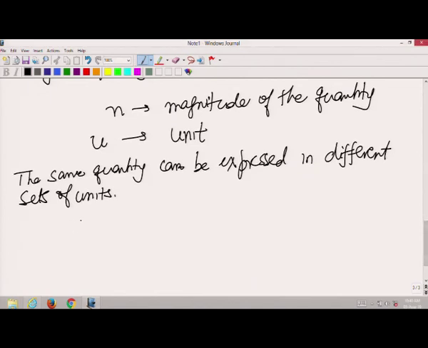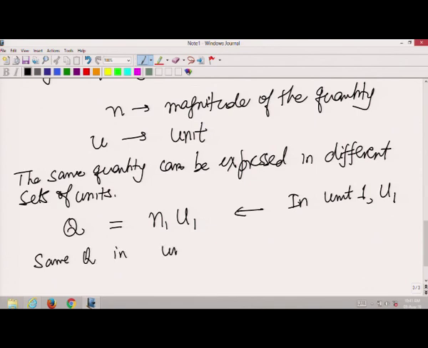Let us say the quantity q, we write it in unit 1, which I call u1. The quantity q is measured and it turns out to be n1 in magnitude. So, we write it as n1 u1. Now, same q in unit u2, let us say, measures n2 units of u2.